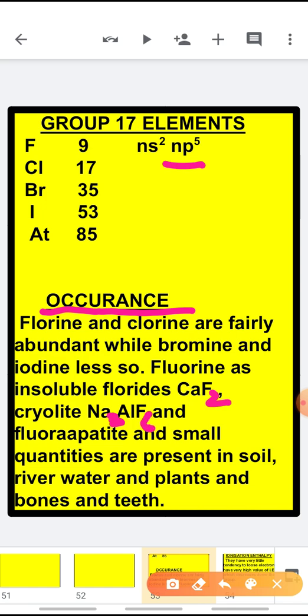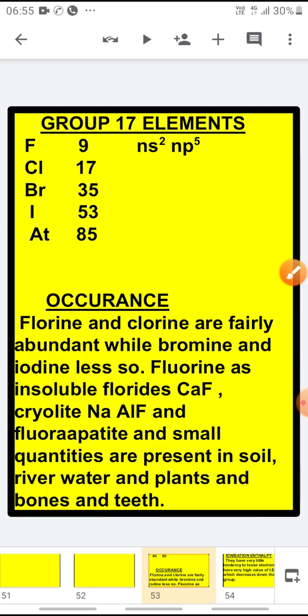Fluorine is also present in this ore, and apart from this it is also present in the form of fluorapatite, and in small quantities it is present in soil, river water, the plants and the bones and teeth of animals.